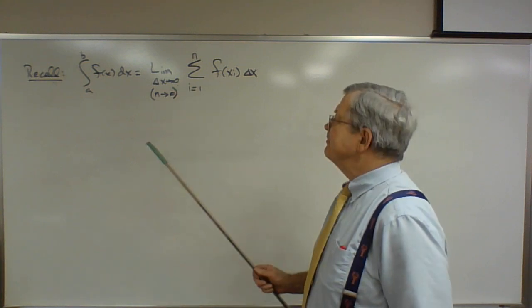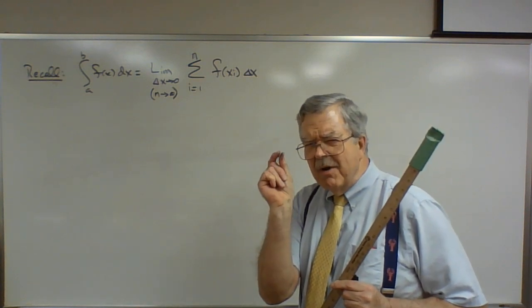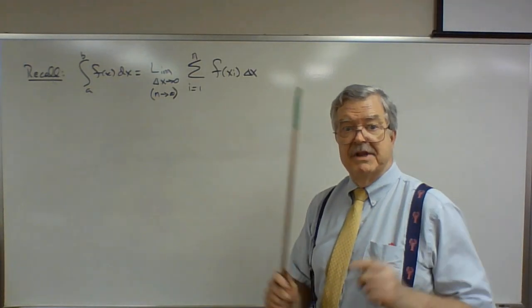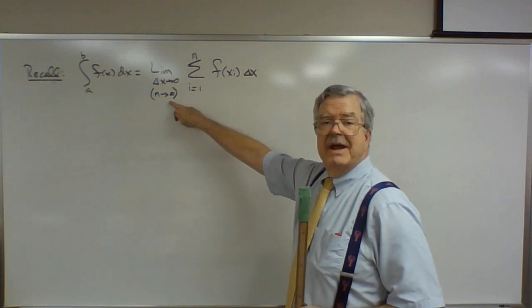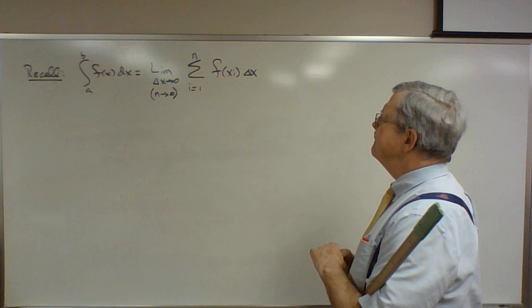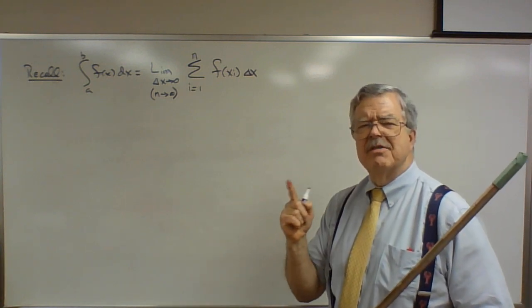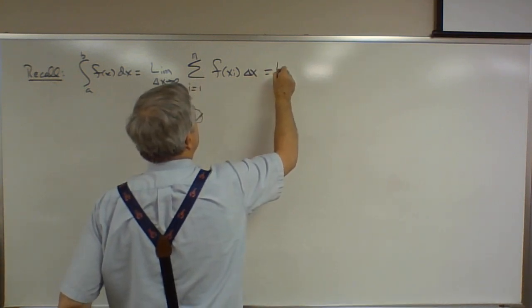And as the width of the rectangles goes to 0, we have to have more of those rectangles to fill up the region. So n, the number of those rectangles, goes to infinity. Now, delta x was the width of one of those subintervals. So let's look at it a little bit closer.